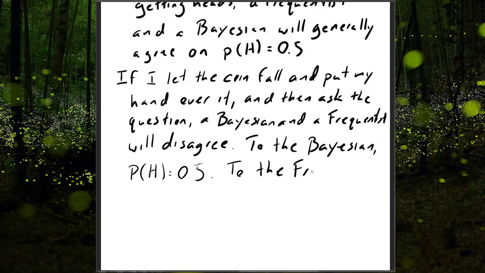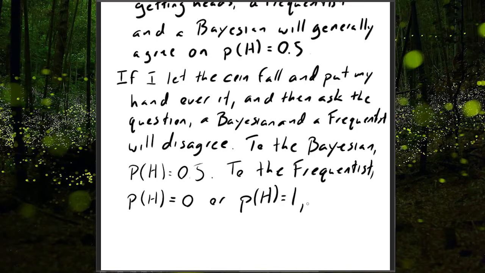To the frequentist, the probability of heads is equal to 0, or the probability of heads is equal to 1. But we don't know which it is because we haven't gotten to see the coin. It's been decided, though. The coin has been flipped. There is no probability left.